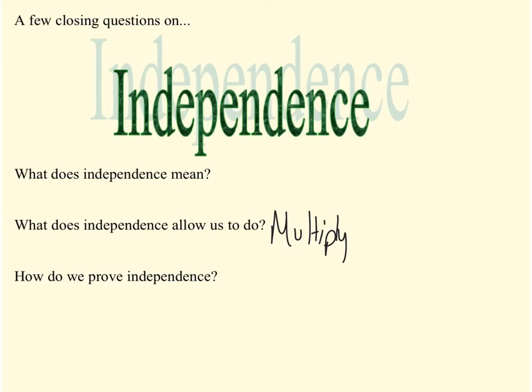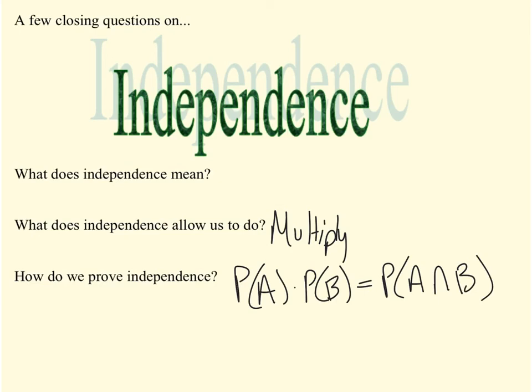It allows us to say that the probability of A times the probability of B is how we could find the probability of A and B. And the last question, how do we prove independence? By verifying that that formula works, just like we did with the Venn diagram on the previous part of this video. Okay, so that closes up Chapter 5.